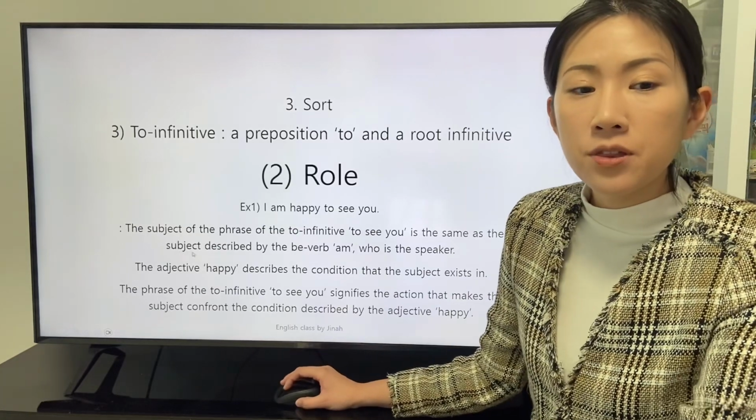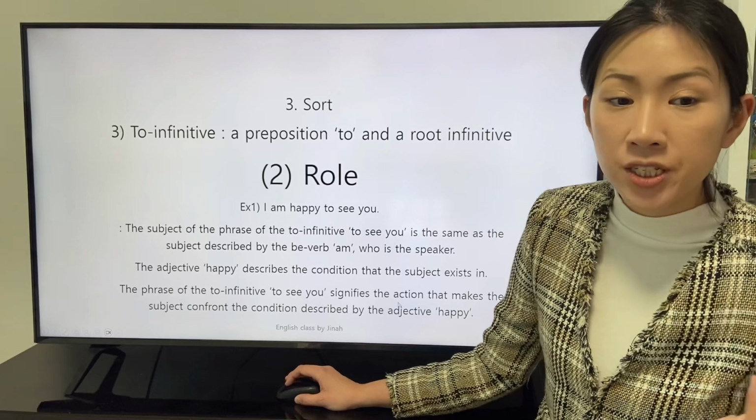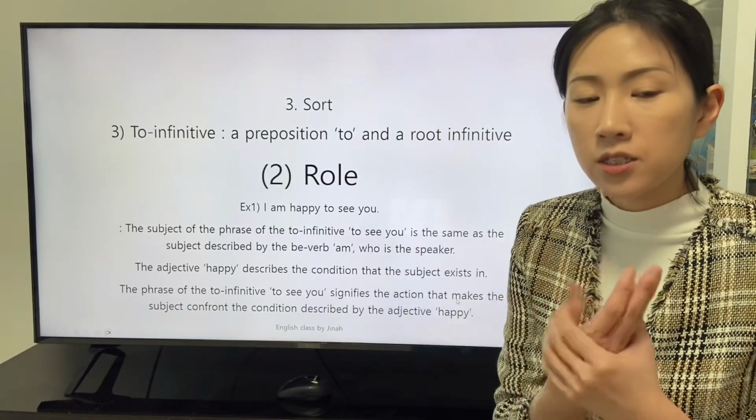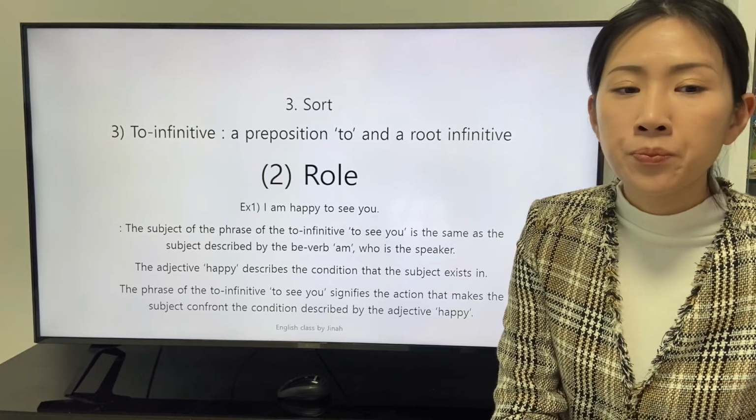The phrase of the to-infinitive to see you signifies the action that makes the subject confront the condition described by the adjective happy.